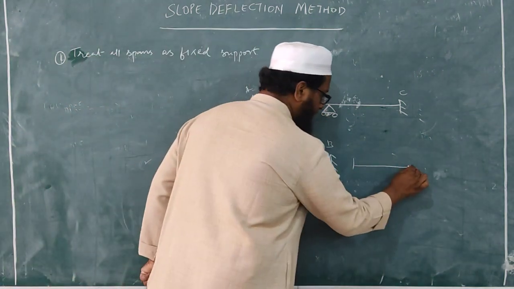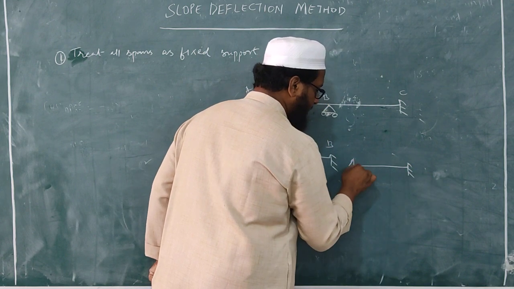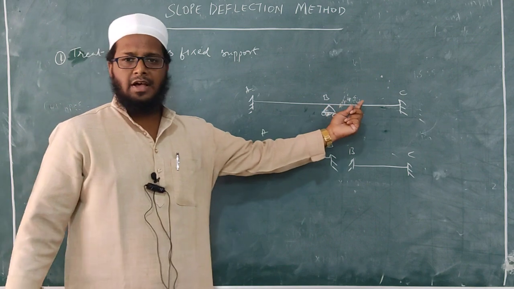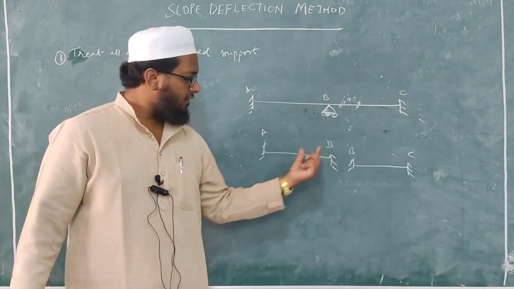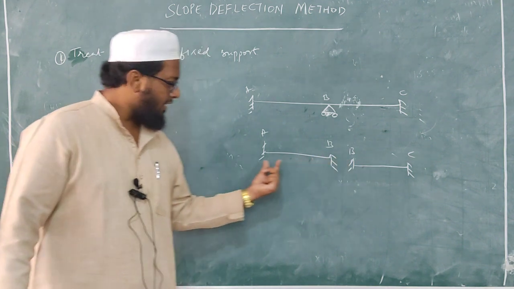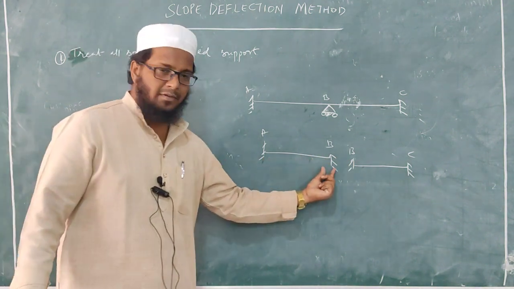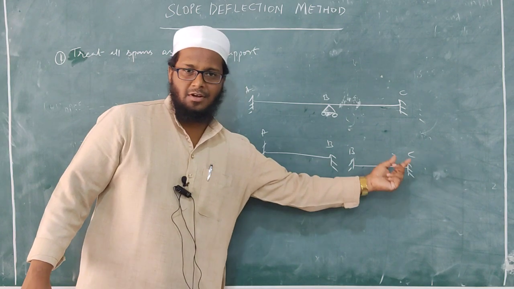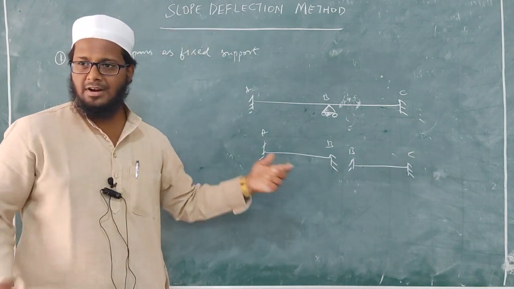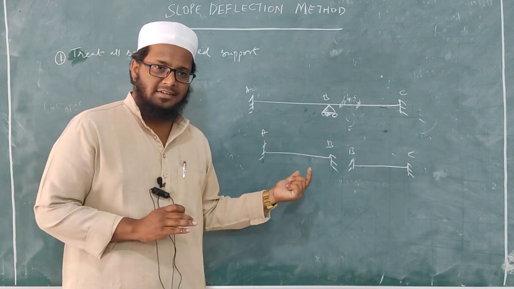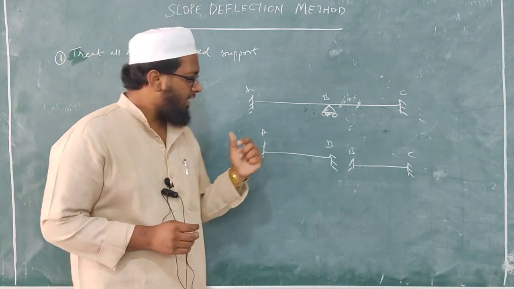Then another one, this is BC. So whatever the loading we have, either UDL or point load, we'll calculate the fixed end moment for each span: MF AB, MF BA, MF BC, MF CB. We will split the beam into two parts and calculate the fixed end moments.